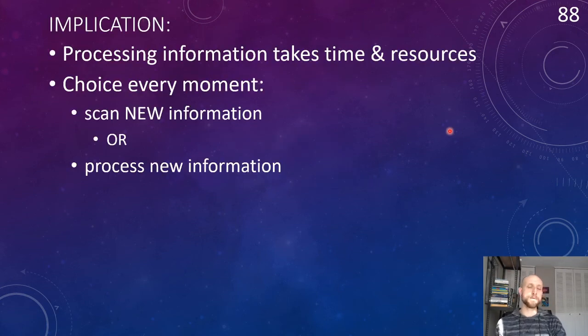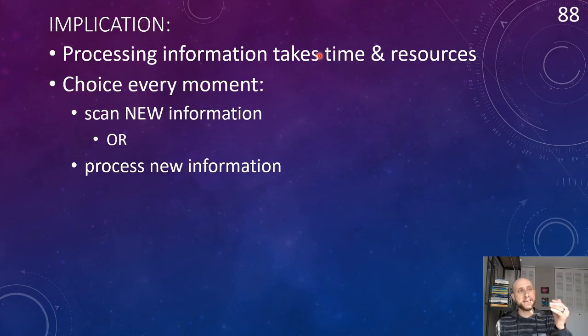So the implication of this attentional blink is that processing information takes time and it takes resources. That's already what we saw with that feature integration theory, right? So this is just a reinforcement of that. Another time when we are taking in information, we need to allow ourselves the time to visually process what's going on. Now, usually that's very easy. And when visual things are more familiar to us, I'm sure that takes less time.